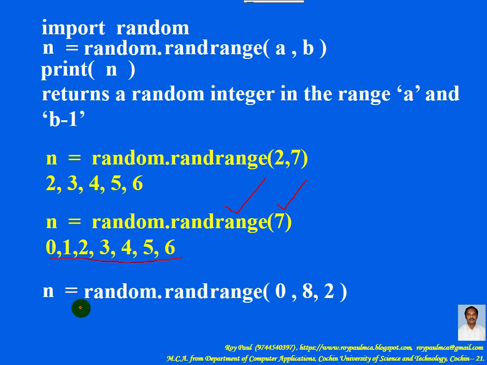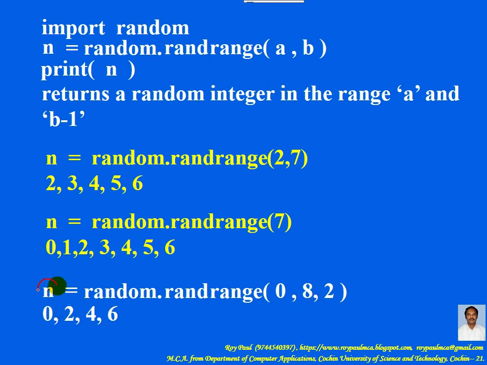Finally, consider the statement n = random.randrange(0, 8, 2). Randrange function returns a random integer between 0 and 8 minus 1, 0 and 7, in steps of 2. Which means the possible outcomes are starting with 0, followed by 0 plus 2, followed by 2 plus 2, 4 plus 2, 6. 6 plus 2, 8, will not appear because 0 and 8 means 0 to 8 minus 1, 0 to 7.